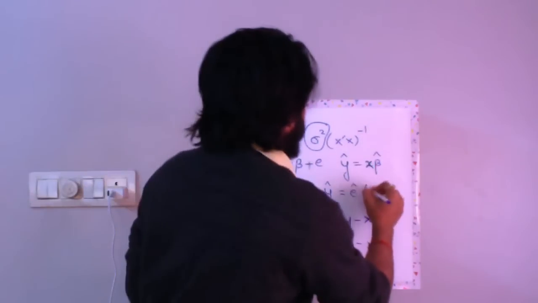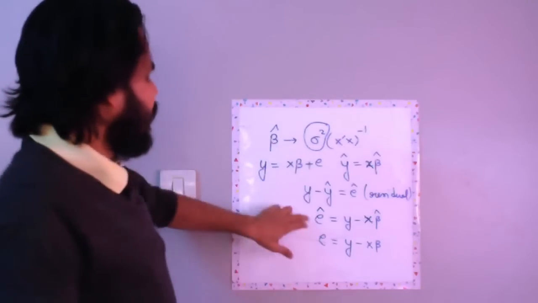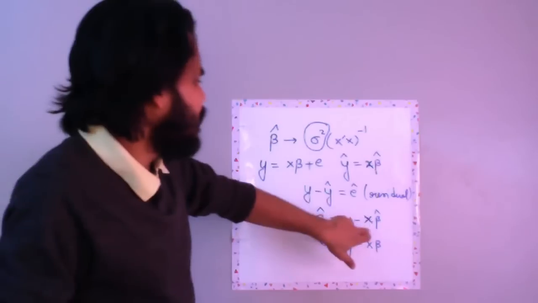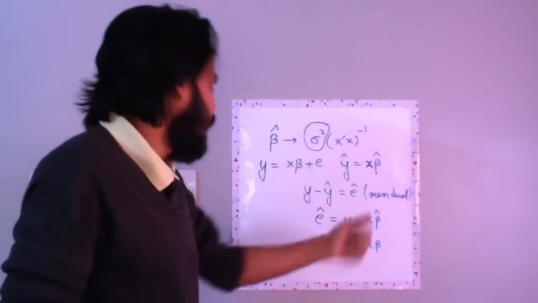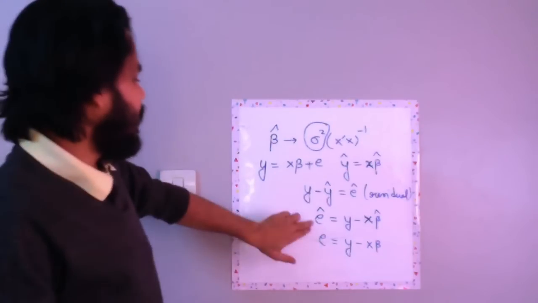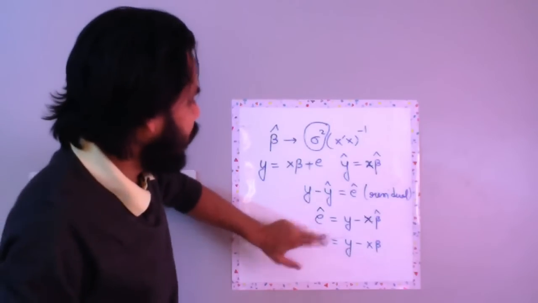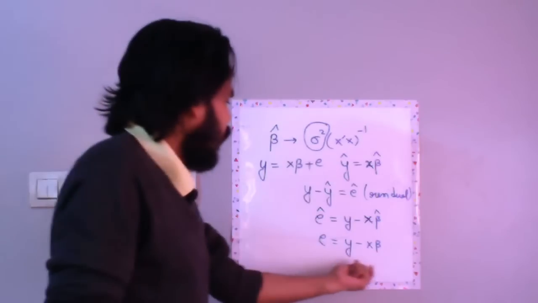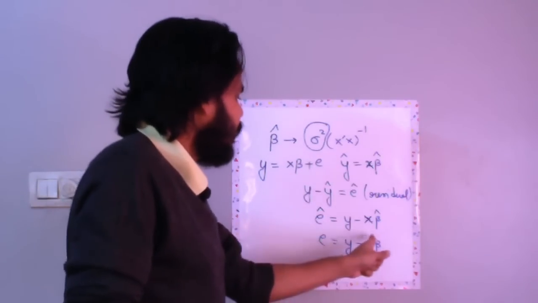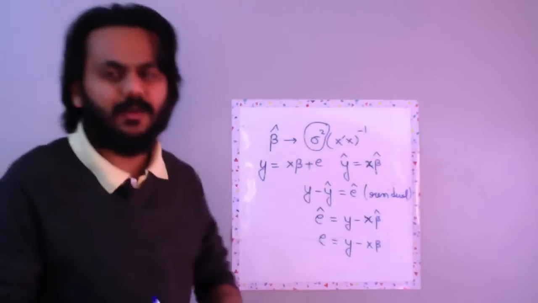This is known as the residual, and e hat is essentially y minus x beta hat, because y hat is x beta hat, and e from this equation is y minus x beta. So e and e hat are just a play over the estimates. On top of this equation, if you put the estimate for beta, you will get the e hat or the residual. I hope this is clear.